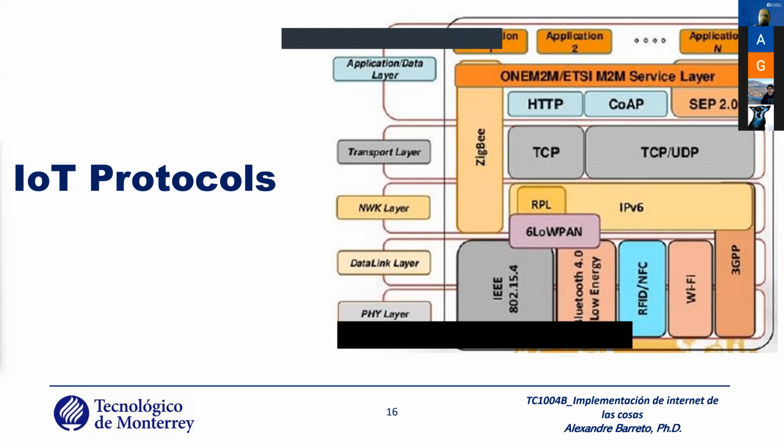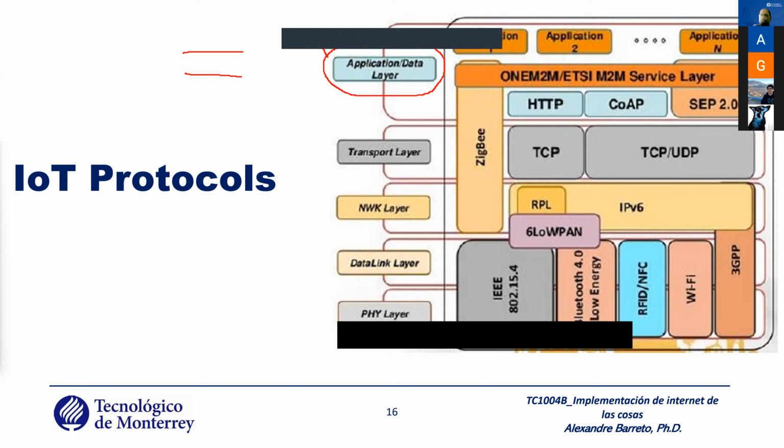If you see, you have the same layers, but not exactly the same. Here you have application. In the OSI, you have application and session, okay? But in TCP/IP, you have only the application. You have the transport, the network, the data link, and the physical one, okay?